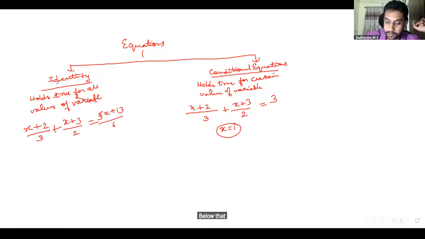Below that, two arrow marks. Left hand side, heading as identity: an equation which holds true for all values of the variable. Below that, you can take this as example.